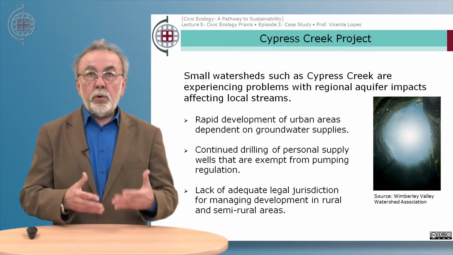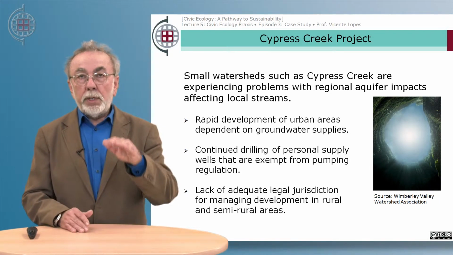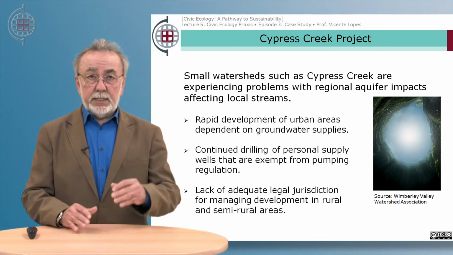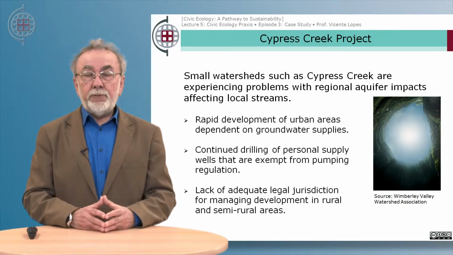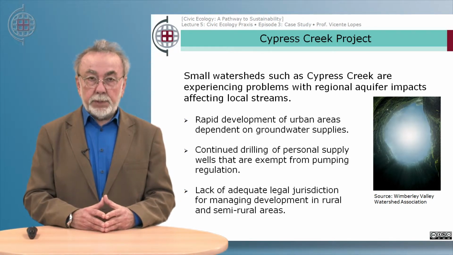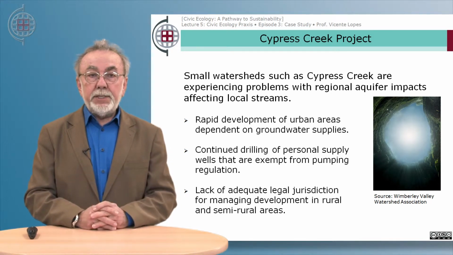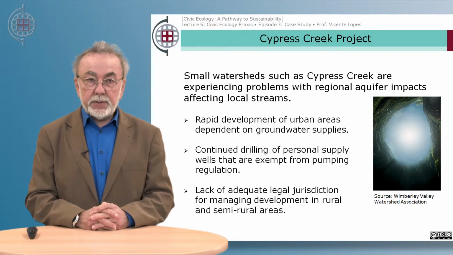And by pumping more water from groundwater aquifers, they lower the water table. The consequence of lowering that water table is that the springs will dry, and therefore flow will cease in the streams. So the rapid development of urban areas depends greatly on groundwater supplies in Texas.